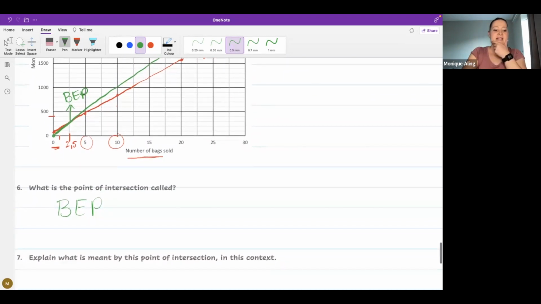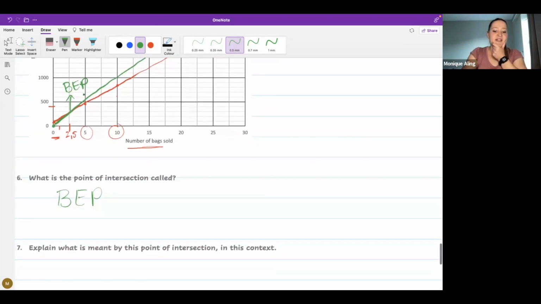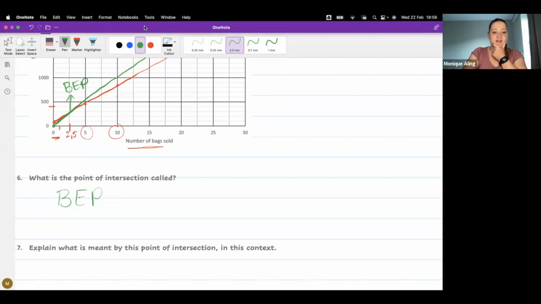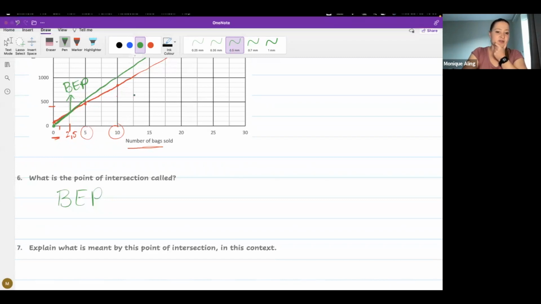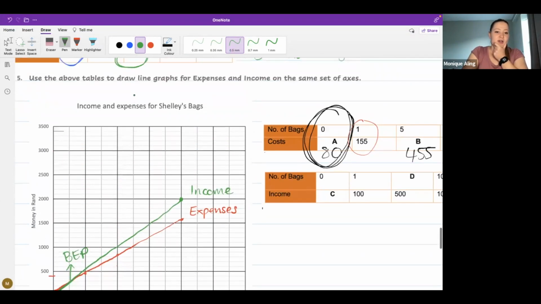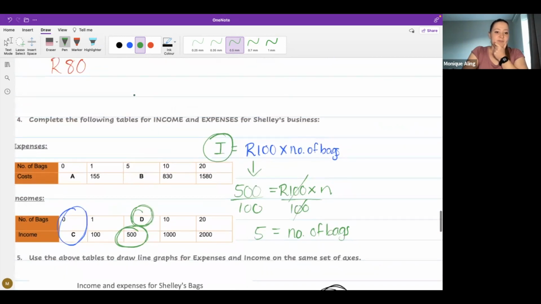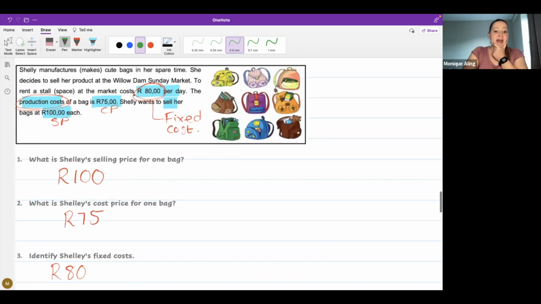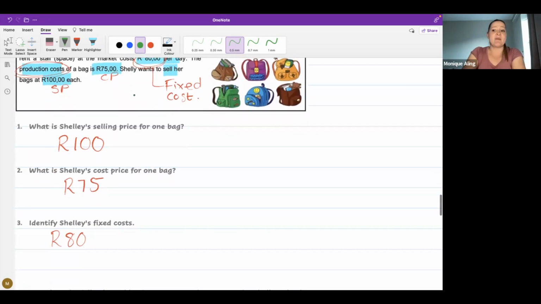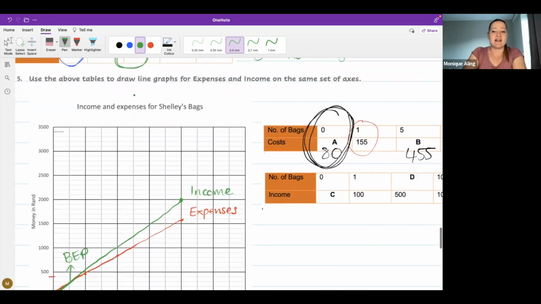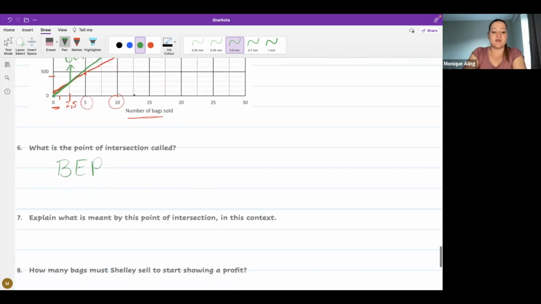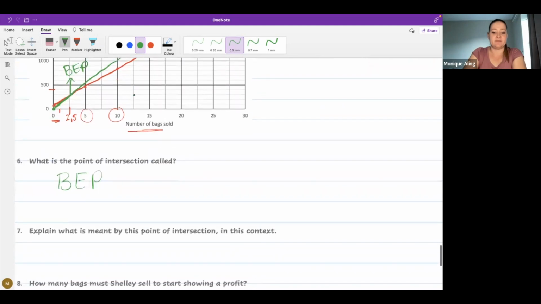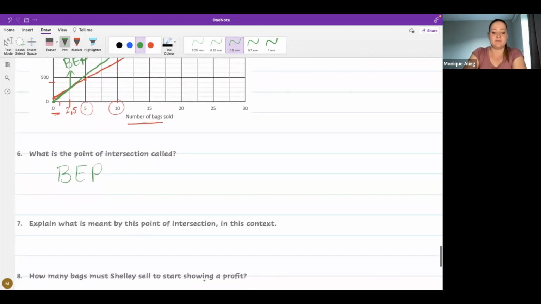Okay. Explain what is meant by this point of intersection in this context. So how can I relate it to Shelly and her bags? Remember she makes bags. So how can we relate the break-even point to her situation? Any takers in the chat?